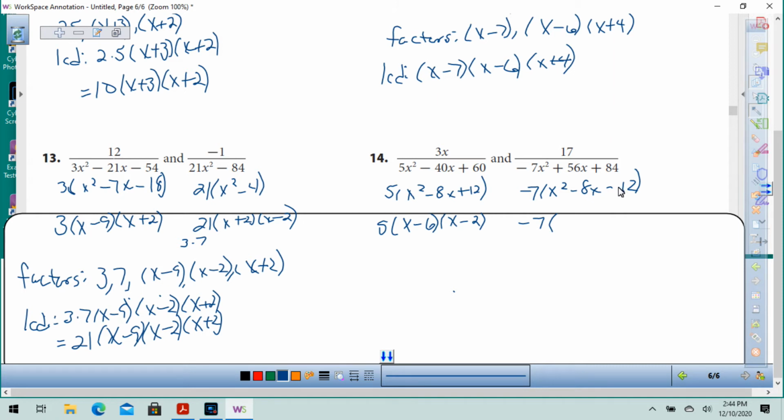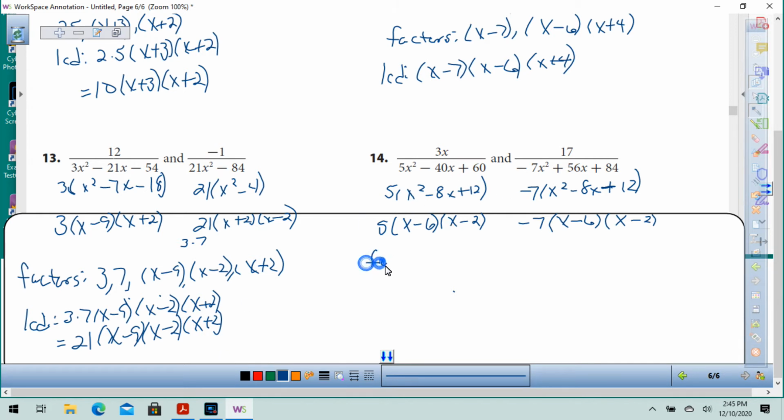Negative 8 and 12. Well, that was positive 12. Whew. I was sweating there for a second. x minus 6, and then x minus 2. Because that's the same as that right there, right? They are the same. Didn't look like it, but they are.